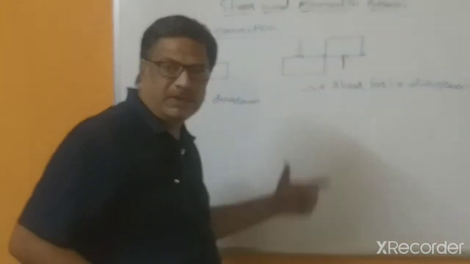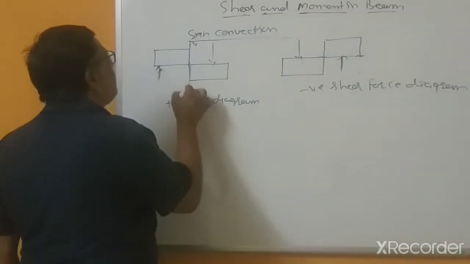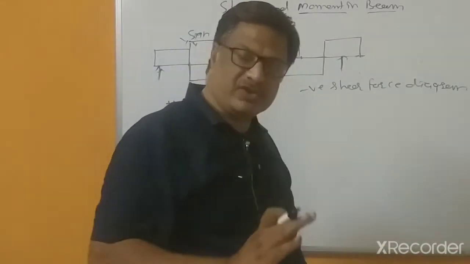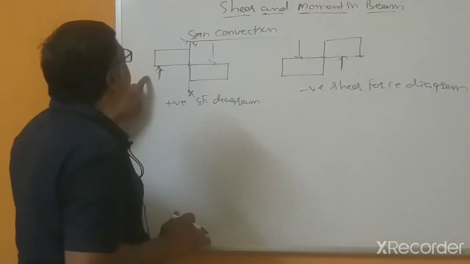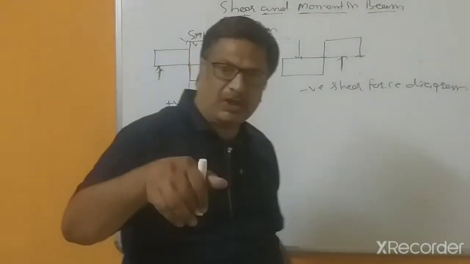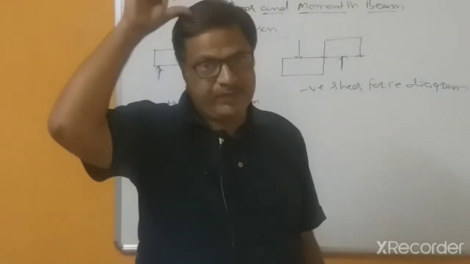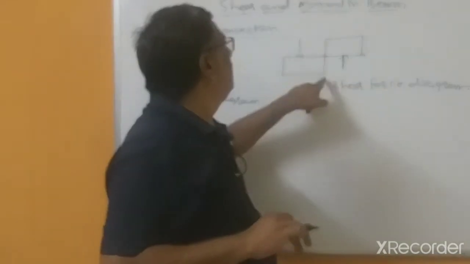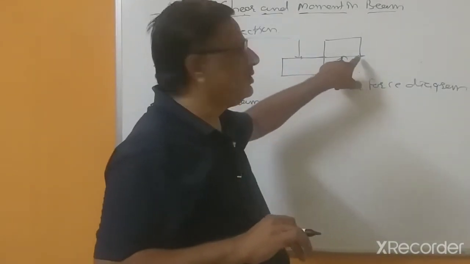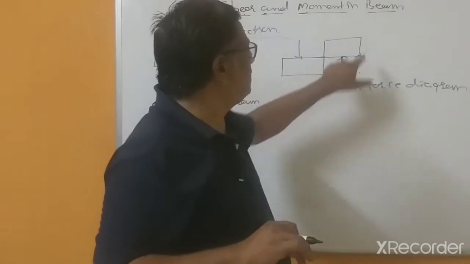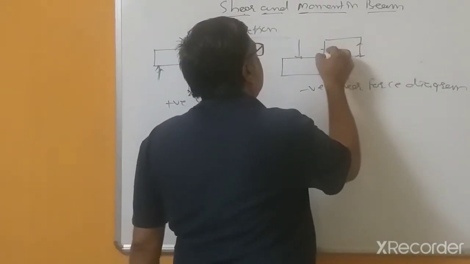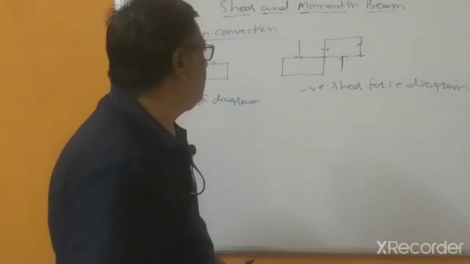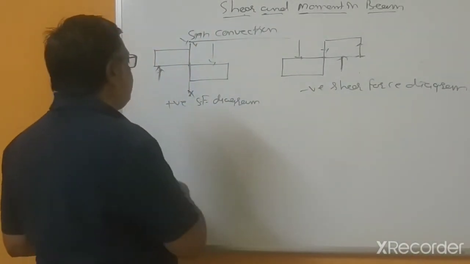So what is the meaning of this? Suppose this is section XX, and upward forces on the left hand side are considered positive. And on the right hand side, downward forces are considered positive at the section. And in the negative shear force diagram, upward forces on the right side are considered positive, and downward forces on the left hand side are considered negative. So these are the sign conventions.